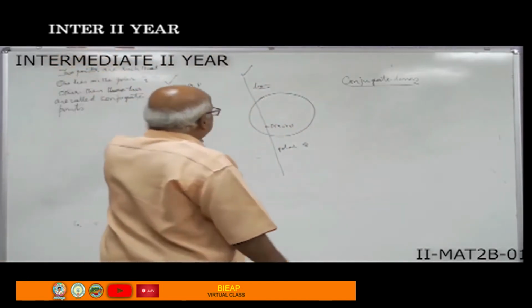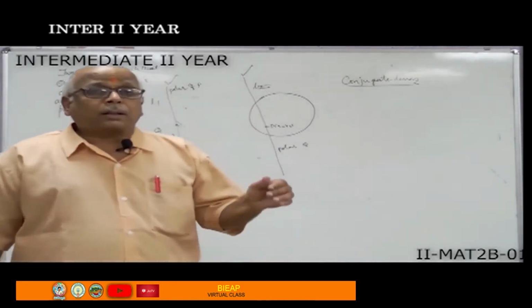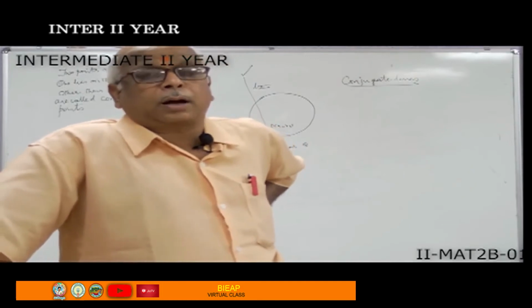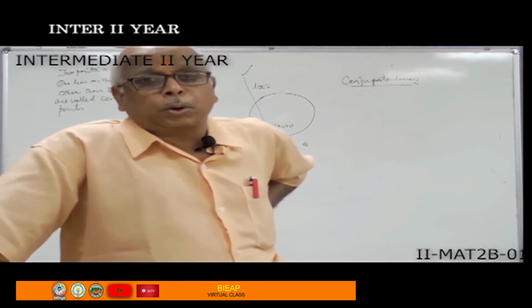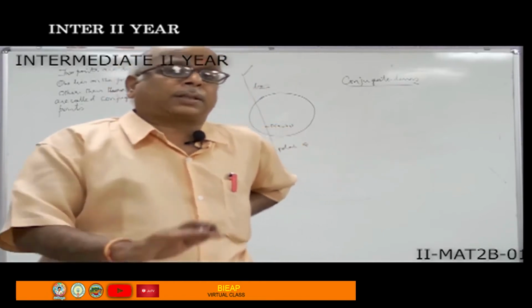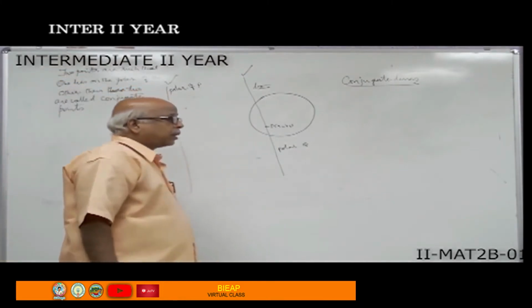Here 2 points are such that one lies on the polar of the other, then those 2 points are called conjugate points. 2 lines are such that one passes through the pole of the other, then those 2 are conjugate lines.